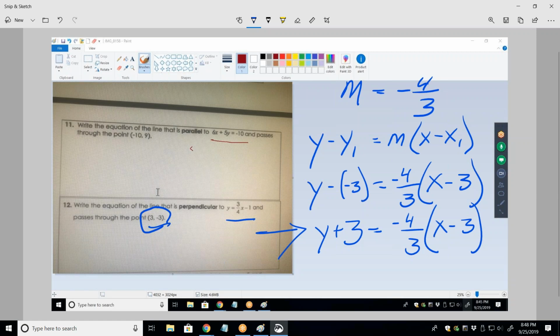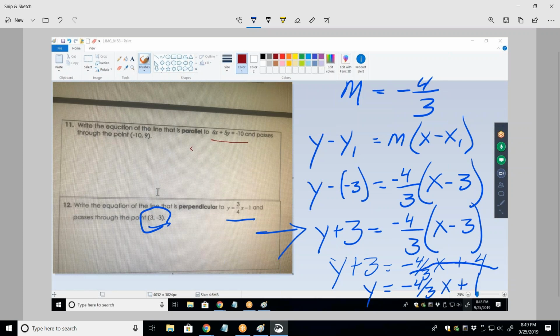Now, what I could do here is go ahead and distribute it. So I get y plus 3 equals -4/3 x plus 4. And now I'll move the 3 over, and I end up with y equals -4/3 x plus 1.